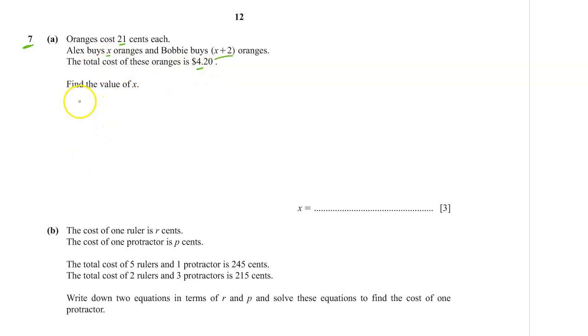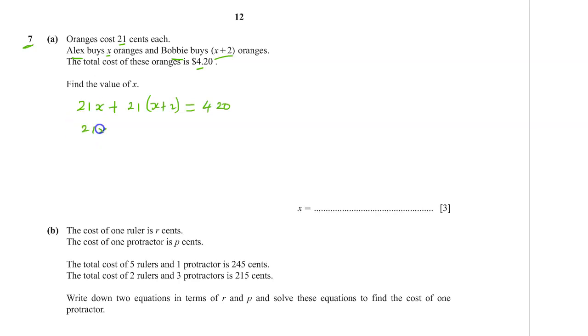So 21 times x is what Alex spent, plus 21 times the number of oranges that Bobby buys, and this should be equal to 420 cents.